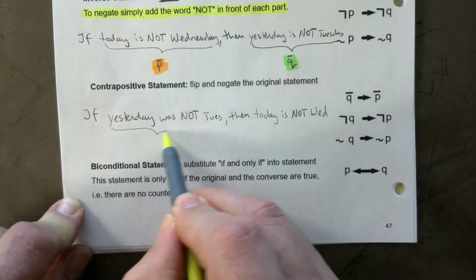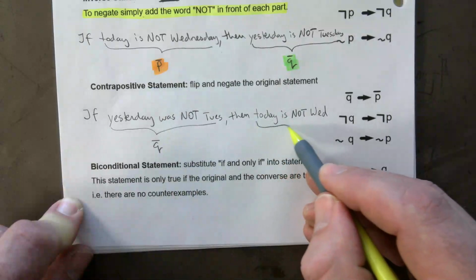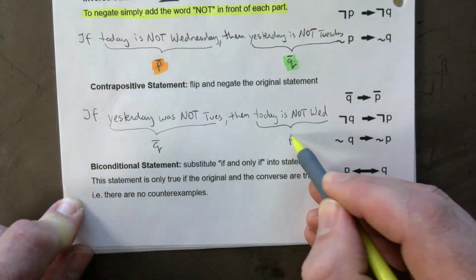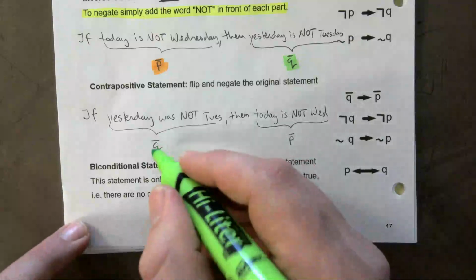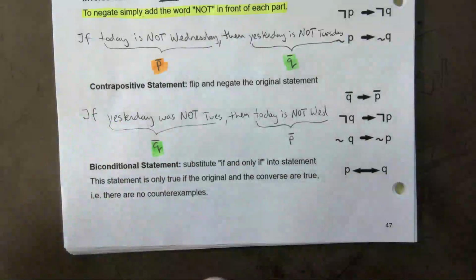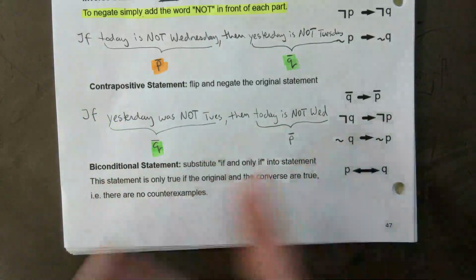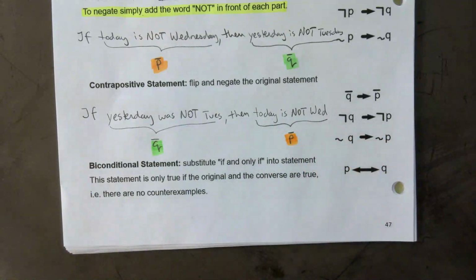So this part is basically not Q, and this part is not P. I think I have it somewhere in the notes, but I'll basically say this. If you hear the word con, like a con artist, you're flipping, you're not really showing your true identity, right?